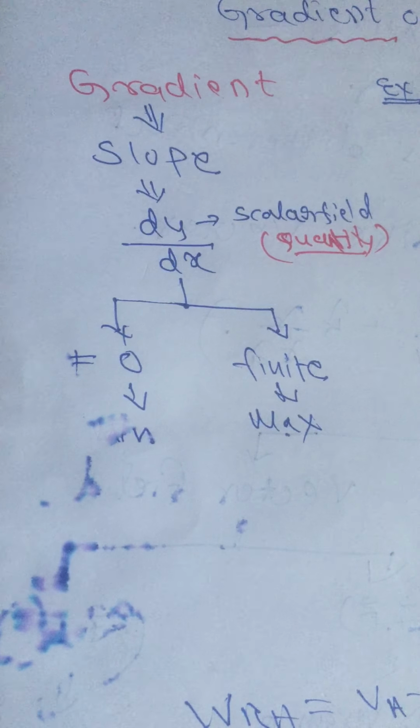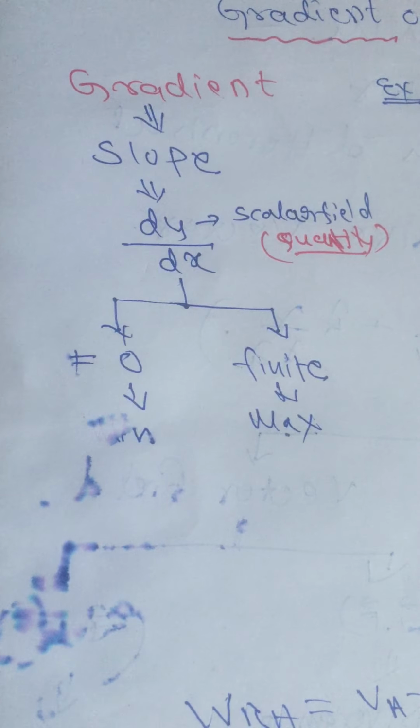Now, what is meant by the gradient of a scalar field and its physical significance? When del operates on a scalar quantity or scalar field, it gives the gradient of the scalar field. Now, the question is, what is gradient?